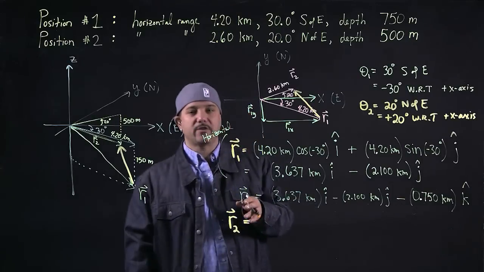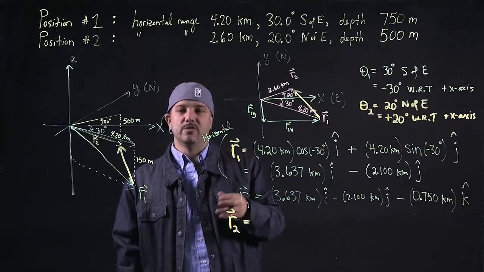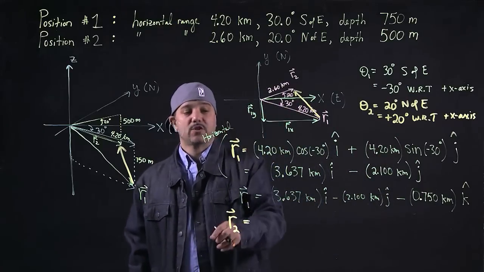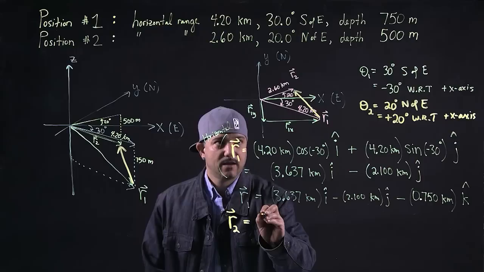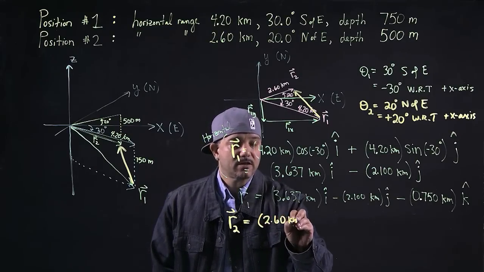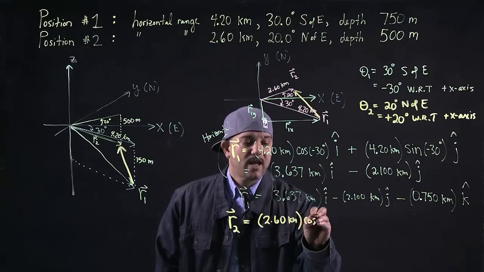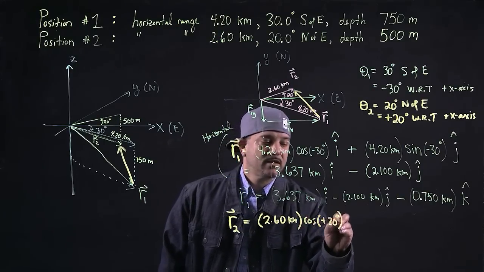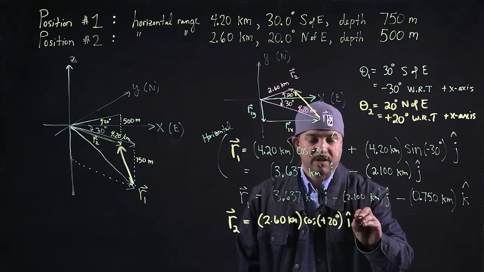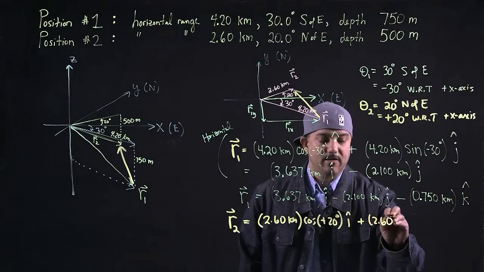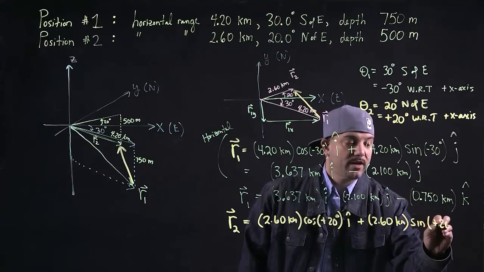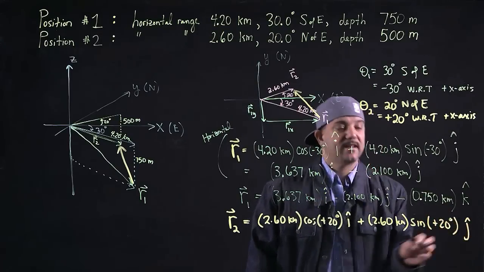So before you do vector components, you always want to use unit vector notation or your trigonometry convention for the angles. So R2 is going to be 2.60 kilometers cosine plus 20 degrees i hat plus 2.60 kilometers sine plus 20 degrees j hat.